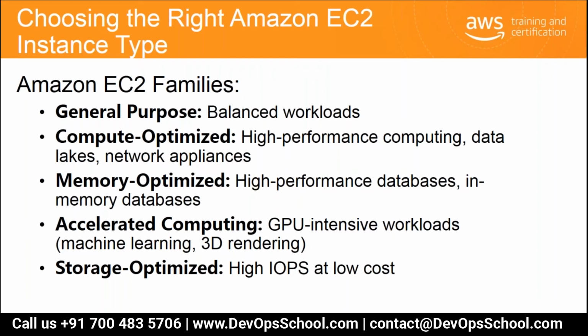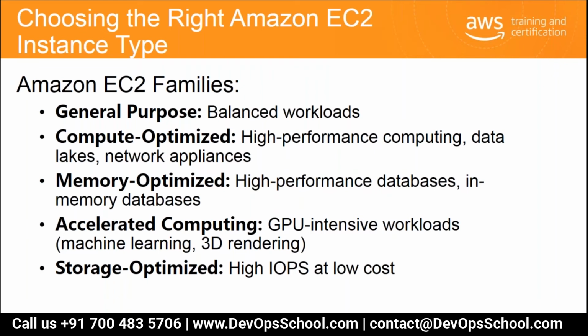And then for you to make the right choice in the type of instance you want to choose, Amazon provides you different EC2 families. So EC2 families are different families which are for different purposes.